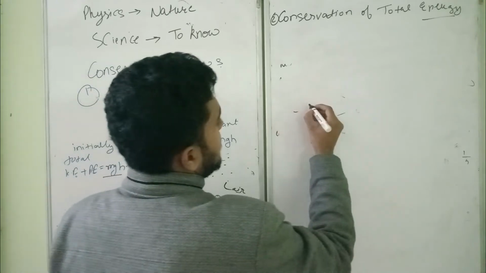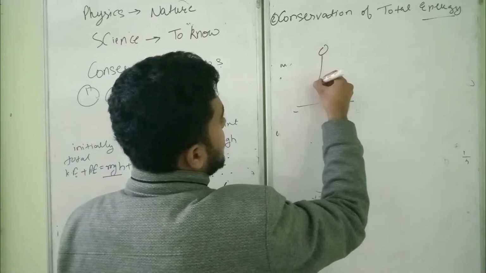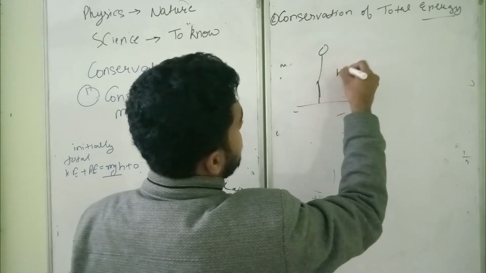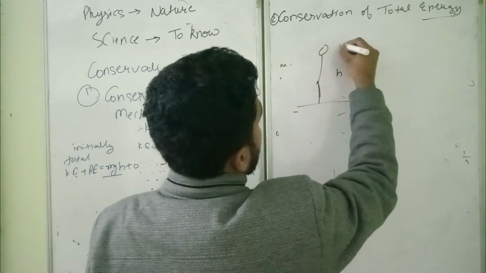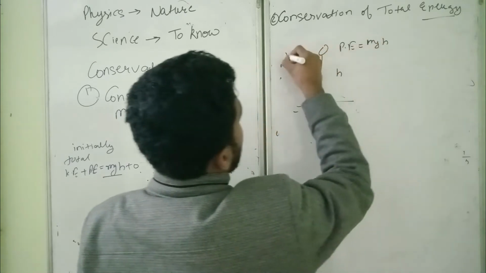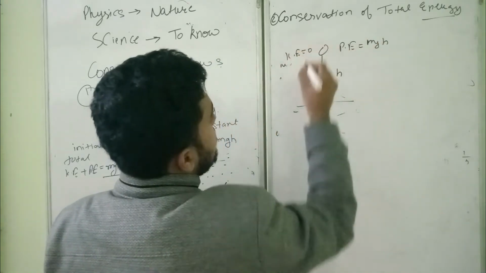So here the same example, a ball is dropped from height h, and it is coming down. Its potential energy is mgh, its kinetic energy here is equal to 0.